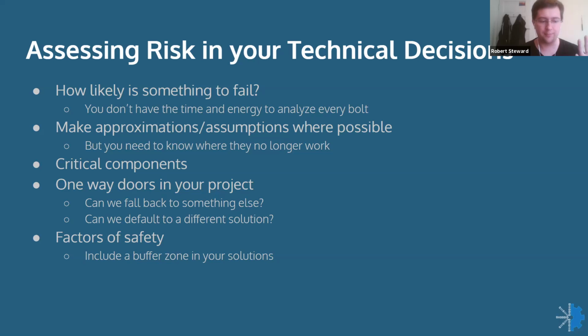Say, if I apply 10 newtons of force to something, it will break. I know that it's going to work in a 10 newton situation, so I'm not going to build it to survive 10 newtons. I'm going to build it to survive, say, maybe 15. That way it will actually survive the worst case scenario that you can provide it. And like I said, that's not necessarily a technical decision kind of thing. It's something that you need to keep in mind when you're looking at risk in general.